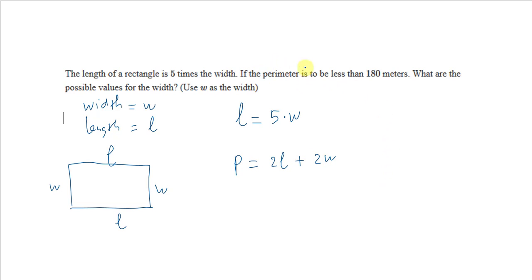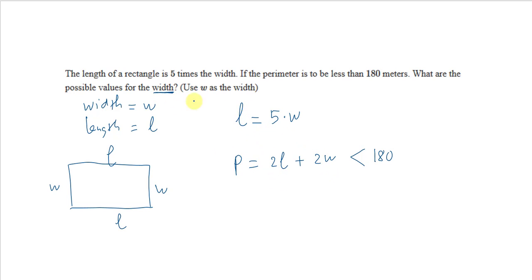We want the perimeter to be less than 180, so this whole quantity is less than 180. They ask what the possible values for the width W are, so everything should be in terms of W because you are solving for W, the width.